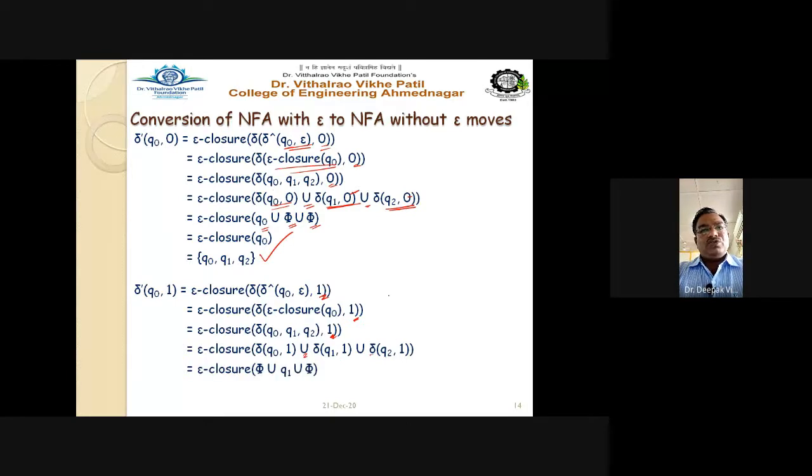So what is the answer? Q0 on 1, there is no transition, that's why it is marked as phi. Delta Q1 comma 1 is nothing but Q1 itself, and Q2, there is no transition, that's why it is marked as phi. So epsilon closure of Q1 is nothing but Q1, Q2. So second answer we have got here. Third one is nothing but delta dash Q0 on 2.